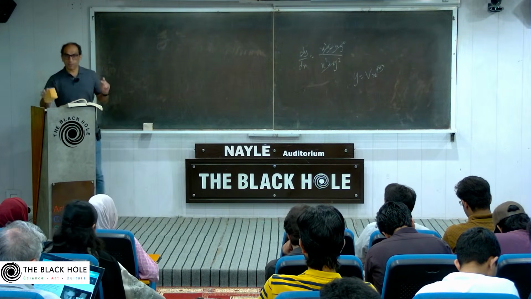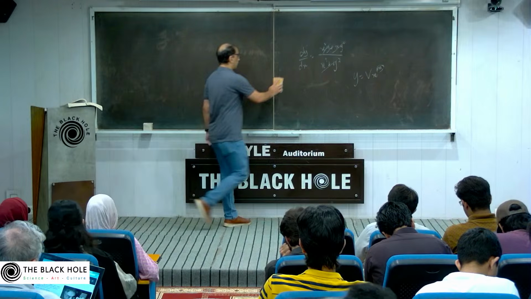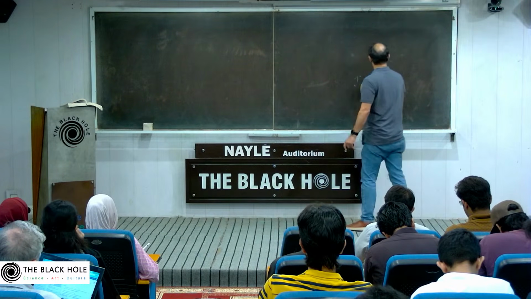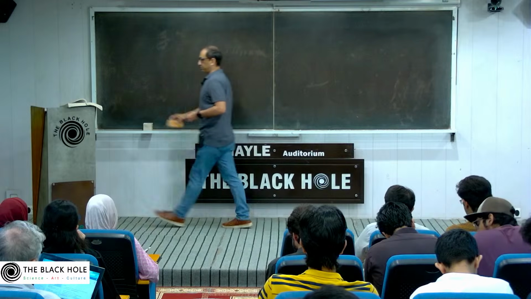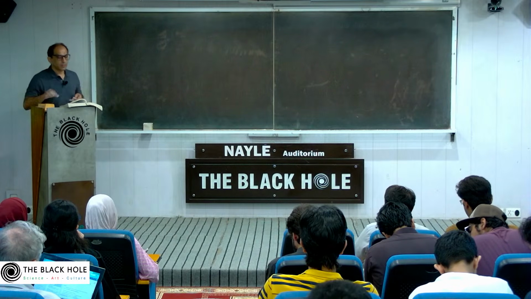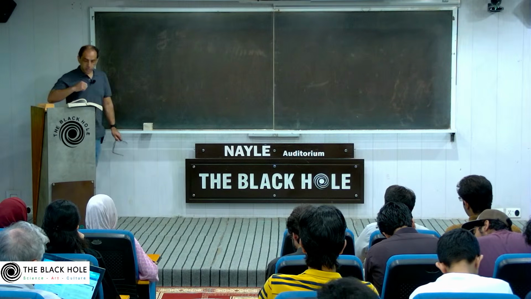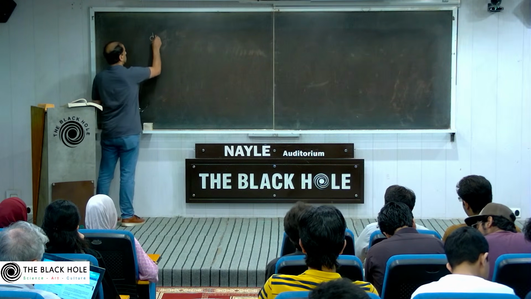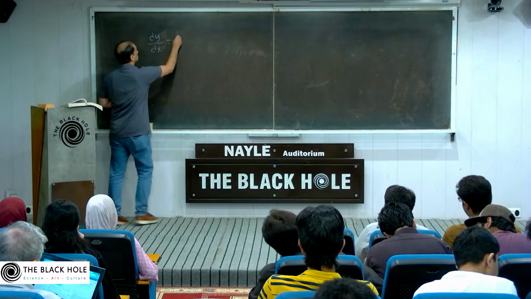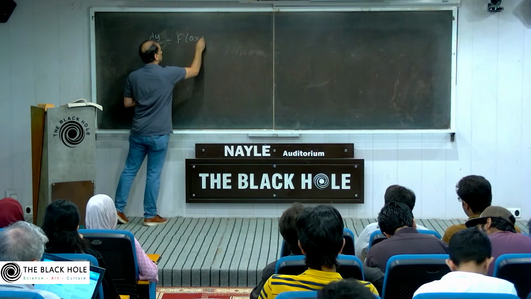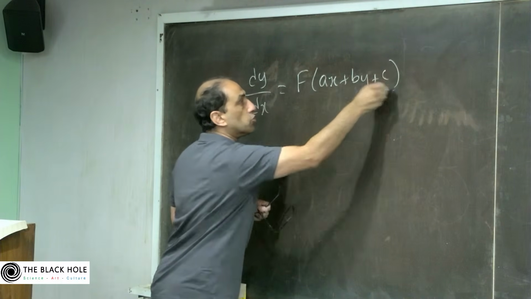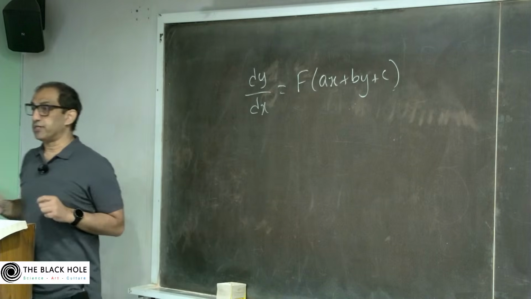So these are all substitution methods. And now I will tell you something. Okay, so there is another equation, dy by dx. So if you have everything in the numerator, then it becomes very easy.